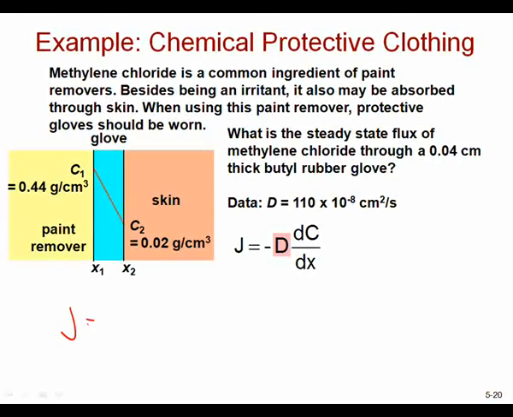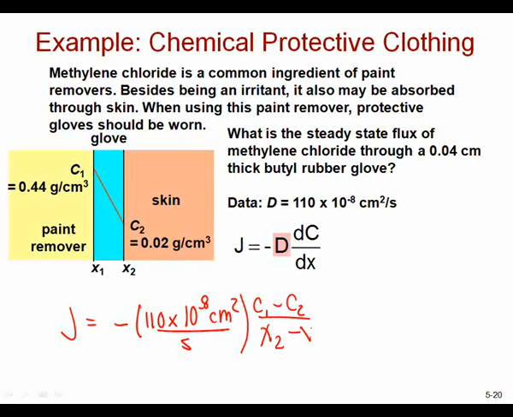So J is negative D, 110 times 10 to the negative 8 centimeters squared per second, times dC/dx, which is basically just (C1 minus C2) over (X2 minus X1).